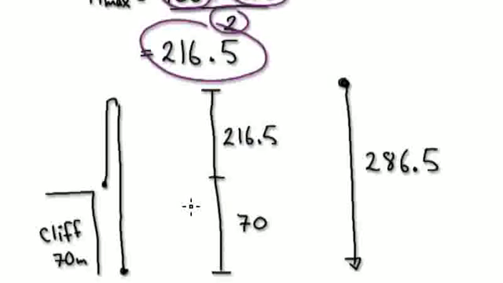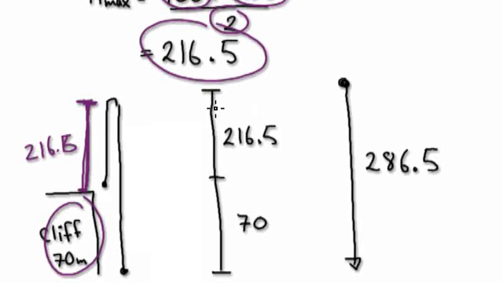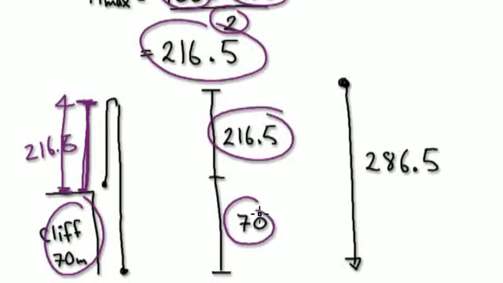So what that means is that the distance from here to the maximum height is 216.5. Okay. And then we've got to get this distance here, add it to the height of the cliff. So this distance from here to here is given by this, and then we're going to add it to the cliff.